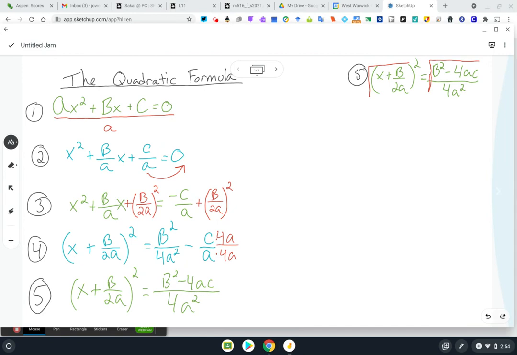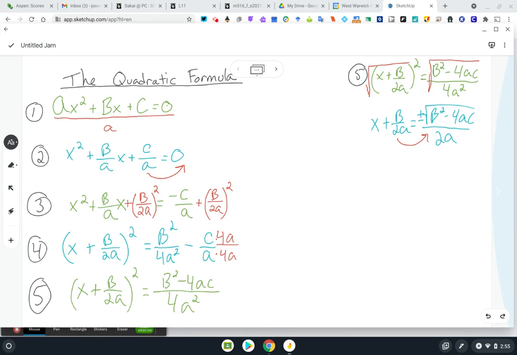So we'll have x plus b over 2a by itself now. And on the right-hand side, we'll leave the numerator underneath the radical because the two terms are separated by subtraction. But we have one term down here that we can simplify as 4a.